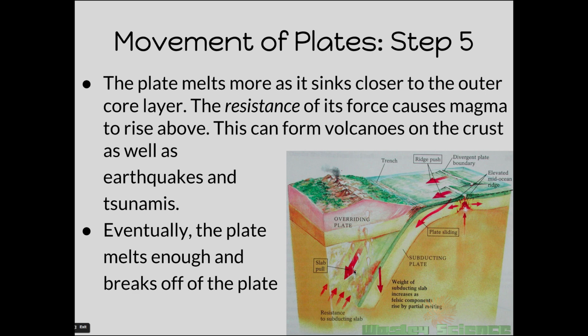And that heat begins to rise, because as we discussed in Unit 2, heat rises. And when the heat rises, it starts to form volcanoes above in the lithosphere. It also forms earthquakes and even tsunamis.